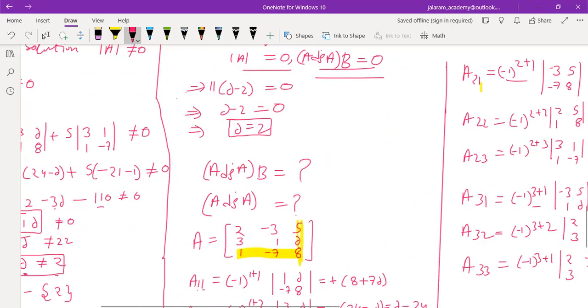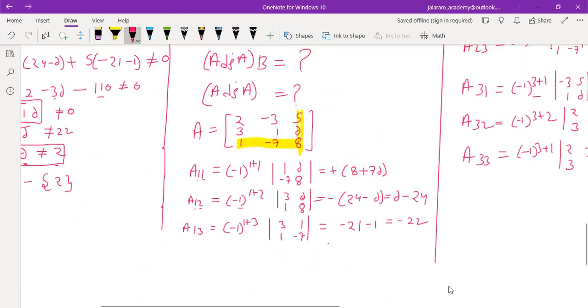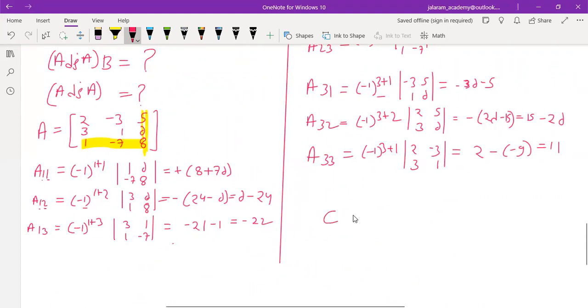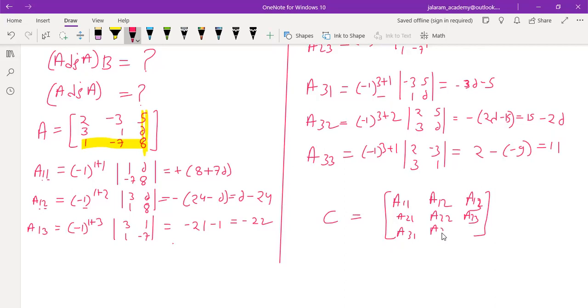So how to write the adjoint of A now? First we will form a matrix of order 3 cross 3 comprising all these cofactors A11, A12, A13, A21, A22, A23, A31, A32, A33.